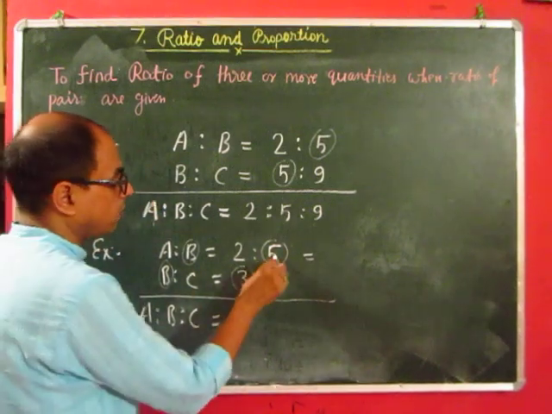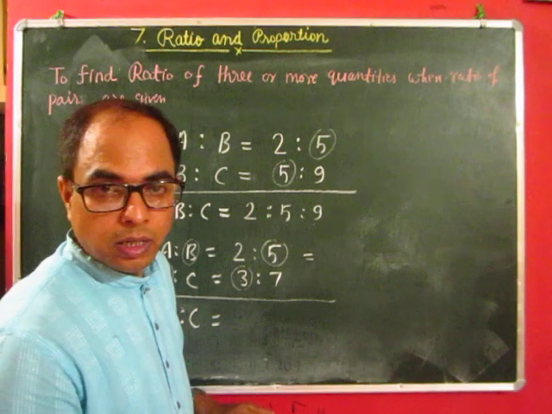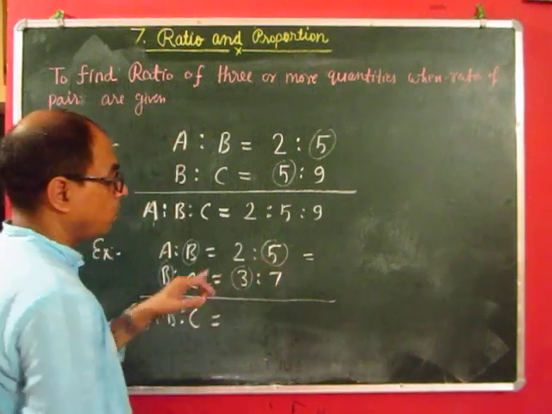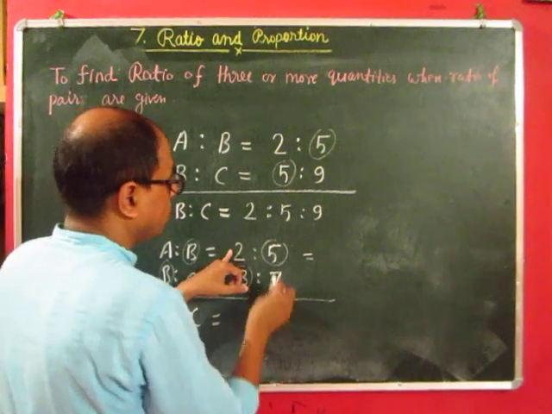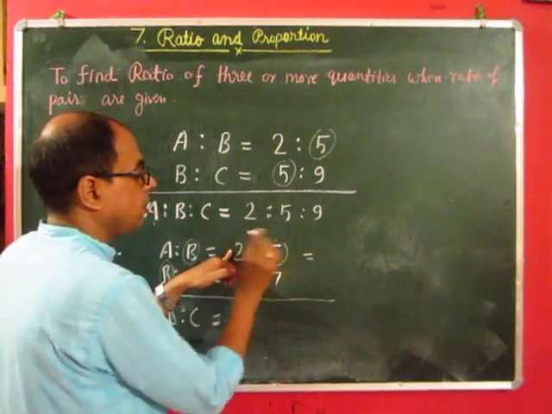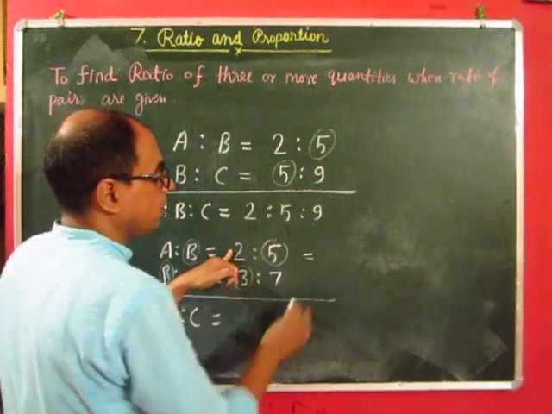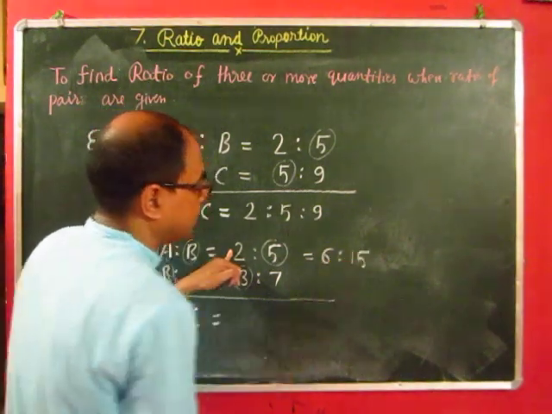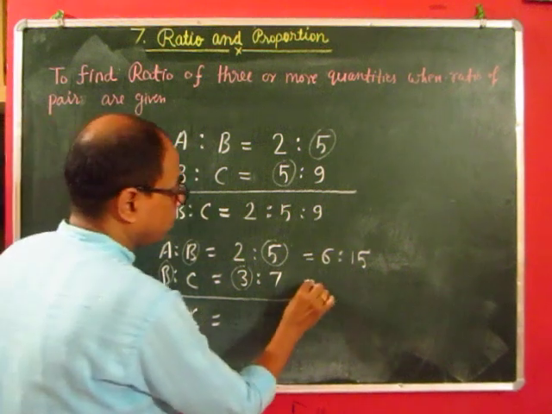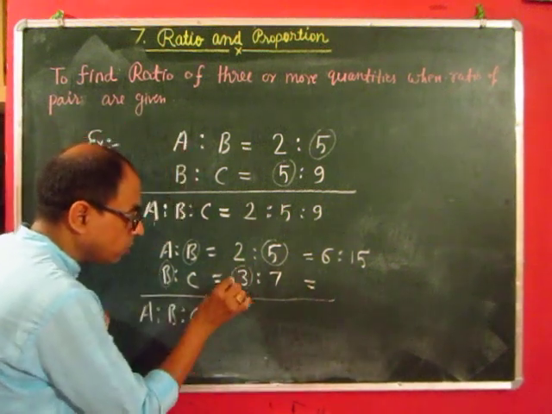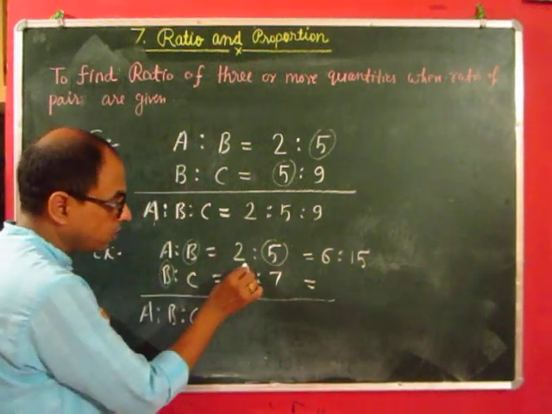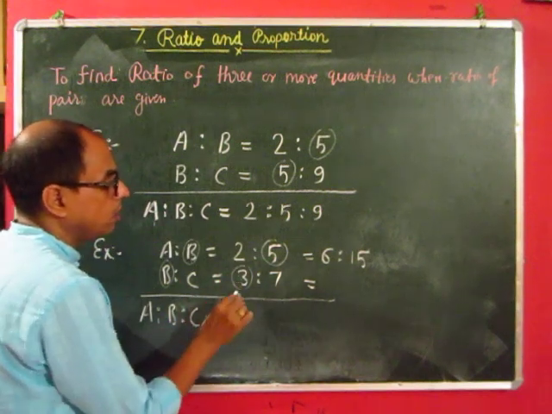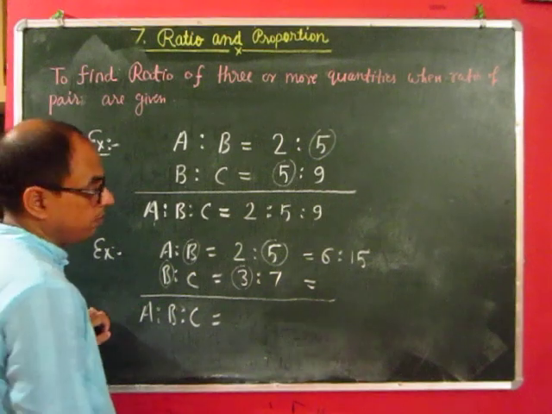So what is the LCM of 5 and 3? That is 15. So convert this to 15 and this also to 15. To convert 5 to 15, multiply this ratio by 3, so it will be 6 is to 15. Now to convert this 3 to 15, multiply this ratio by 5.